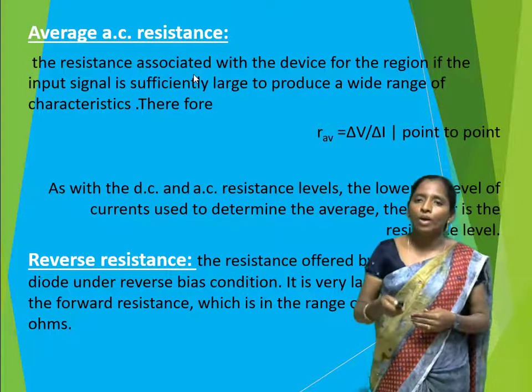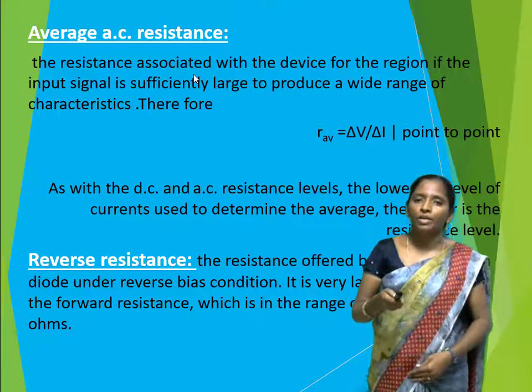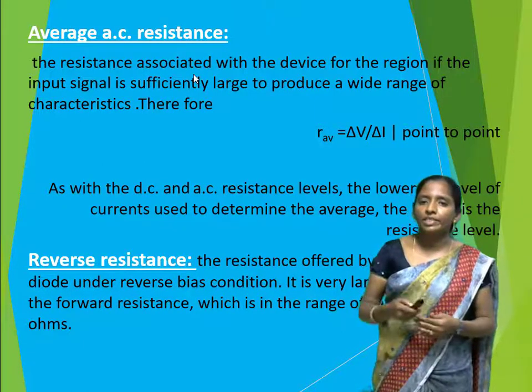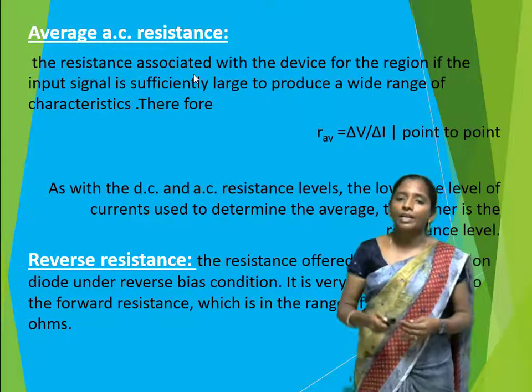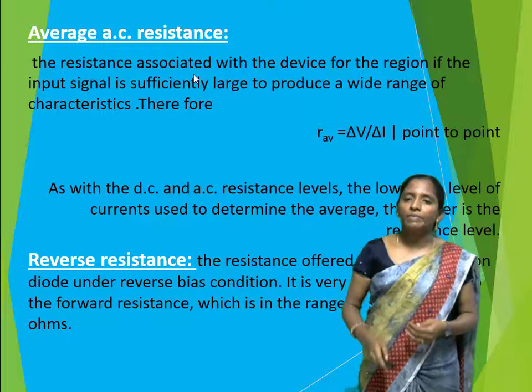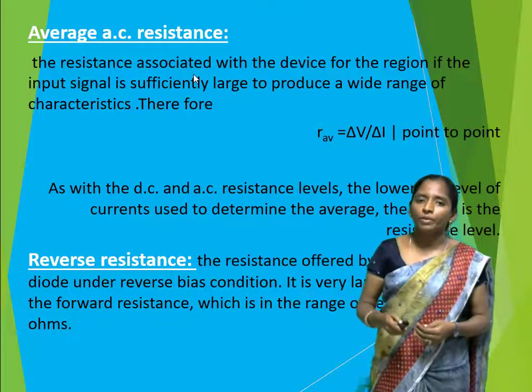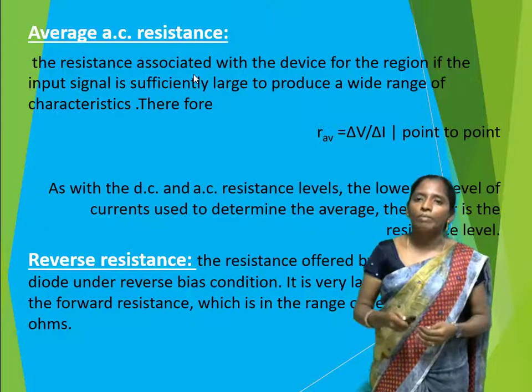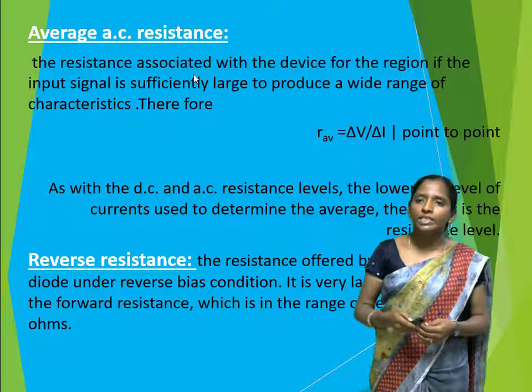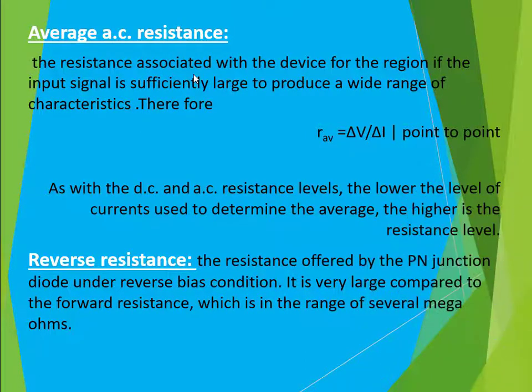If current is low, resistance is a higher value. Reverse resistance: the resistance offered by the PN junction diode under reverse bias condition is very large compared to the forward bias resistance, in the range of several megaohms, while forward resistance is only in ohms.